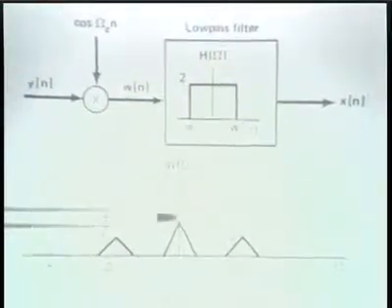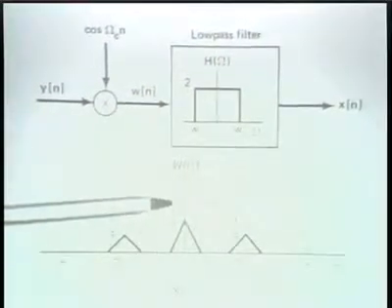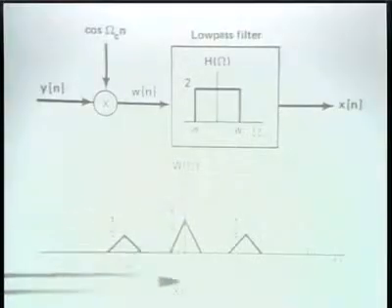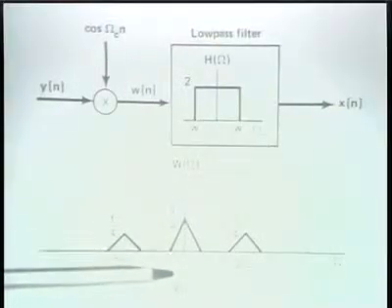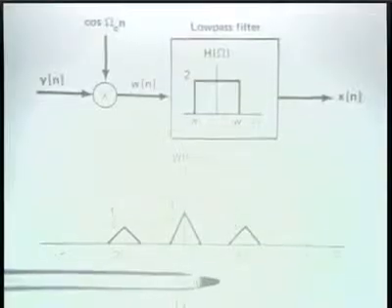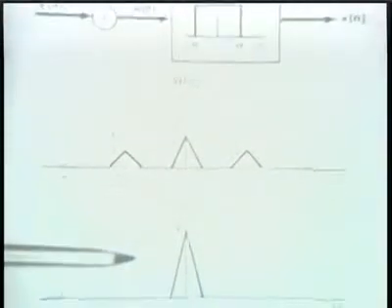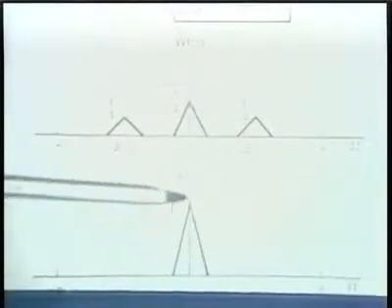And the result then, with this low-pass filter having a gain of 2, is that we've recovered the original spectrum, x of omega, which is the spectrum that we started with.